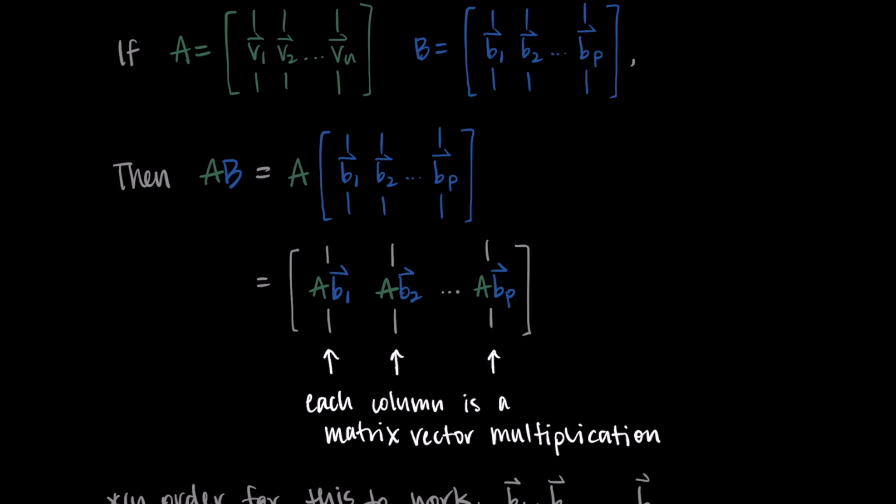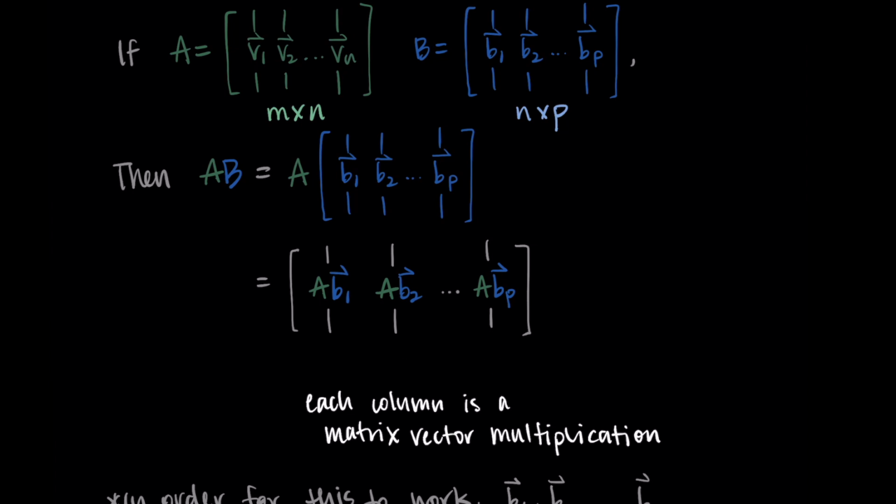Every column represents a variable in our system, and so the vector we multiply by is going to need as many elements as there are variables. So our matrix A is an m by n matrix, because those vectors are part of Rm. Then the matrix B is an n by p matrix. That's what it has to be. Each of the vectors B1 through BP must have n components in order to make the multiplication work.